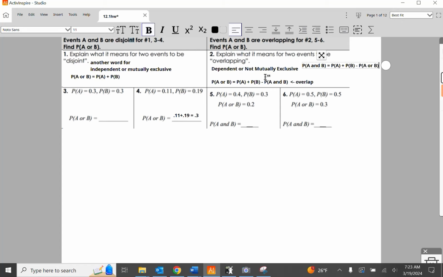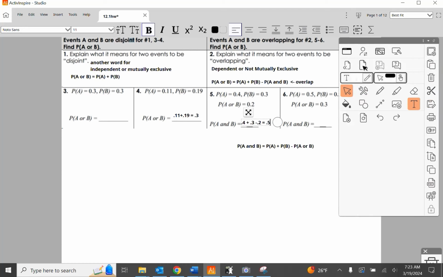Things have been manipulated. This is the one that's required for these though. So if I want the probability of events A and B, I would add these two together and take away that or statement, the probability of one or the other. So this one would be 0.4 plus 0.3 minus 0.2, which is 0.5. Pretty simple.